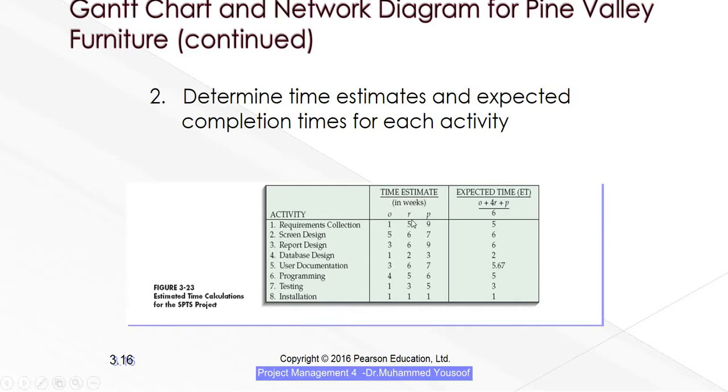Realistic. What is the R? R is realistic. Sometimes people call it M also. What is M? Most likely. Okay, there are 3 scenarios. You are planning to do something, but the best scenario is O. O means optimistic. What is actually ideal?